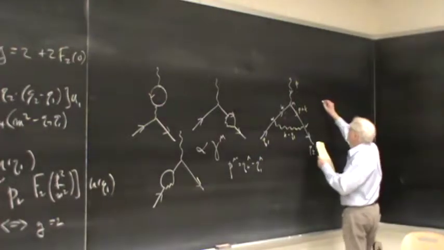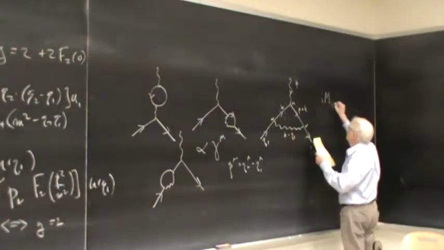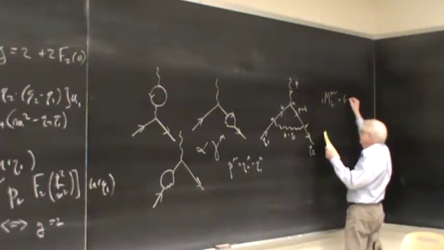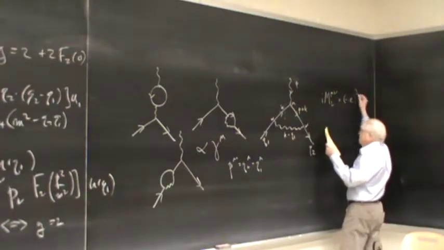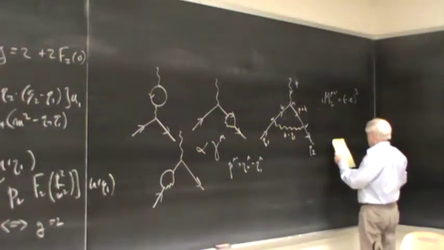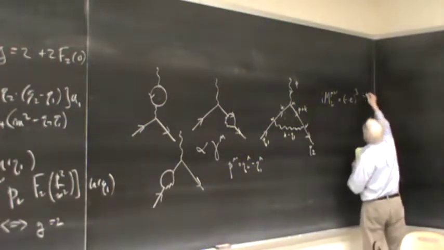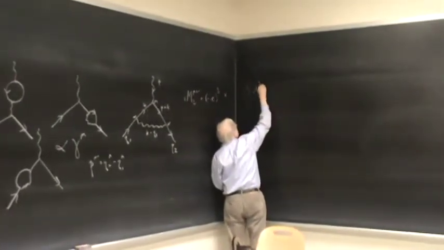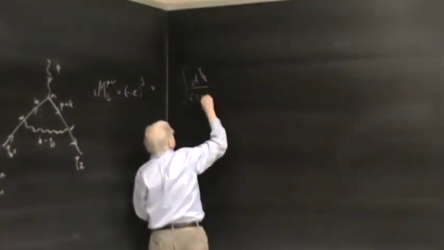All right, now what is this diagram? Well, it's i M2 mu nu, and it's going to be minus i e cubed times the integral d4k over (2 pi) to the 4th.